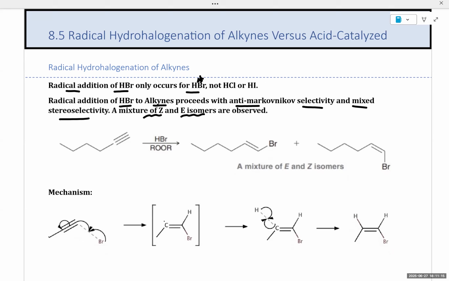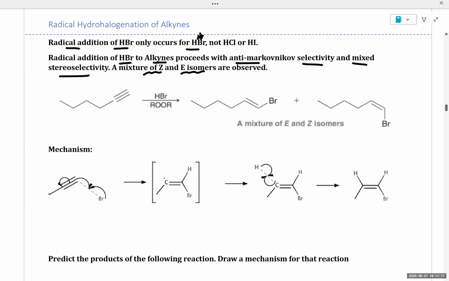Now, what's the mechanism? Well, as always, your peroxide is going to cleave to make an alkoxy radical, which can then abstract a hydrogen from HBr to make the bromine radical.